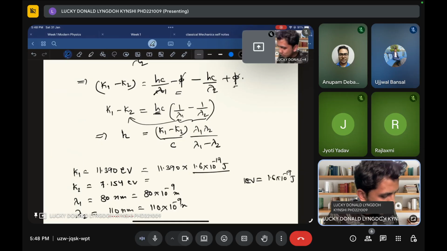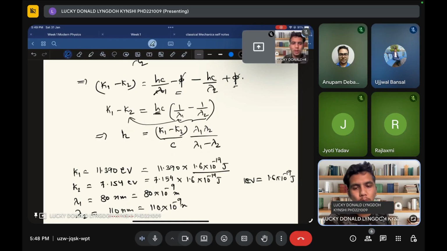Here also it will be 7.154 into 1.6 into 10 to the power minus 19 joule. Remember that when you solve problems, it's better to arrange everything in SI units, that is joules, meter, kg, and so on, so that you will not have any confusion later.